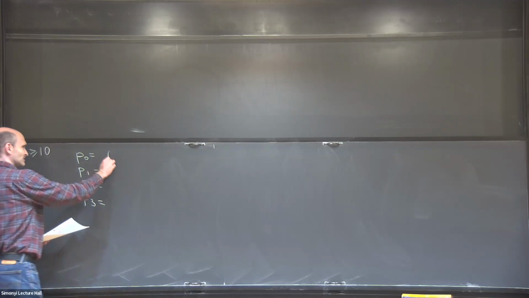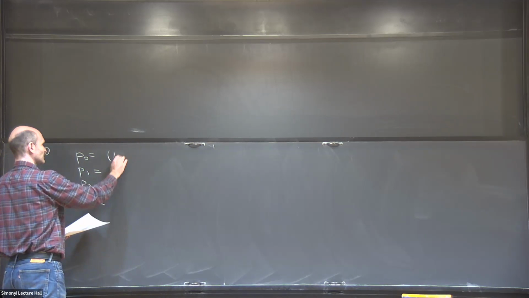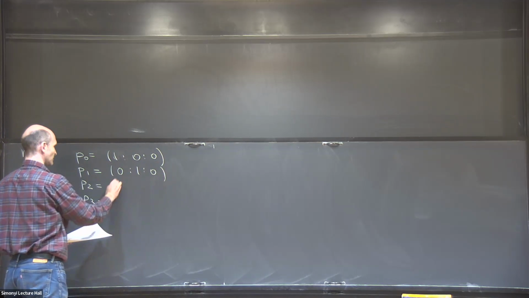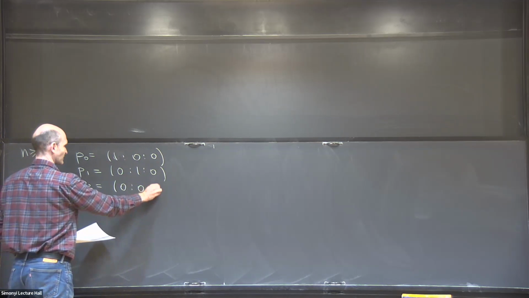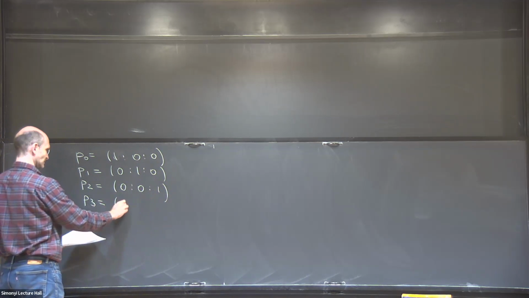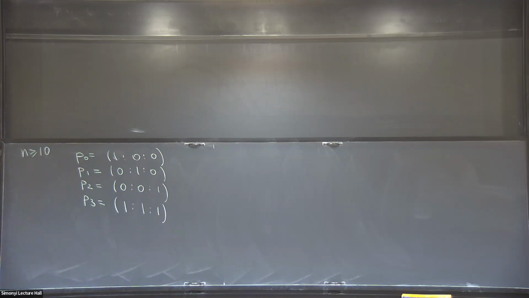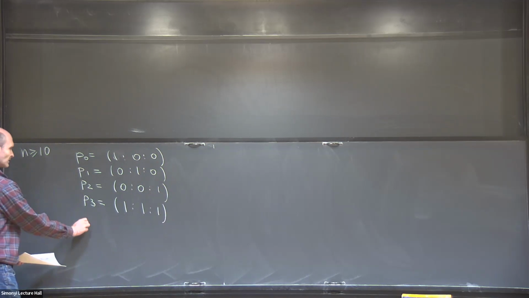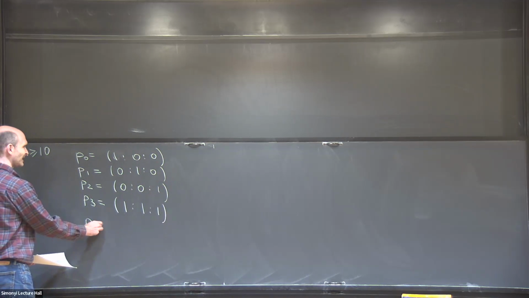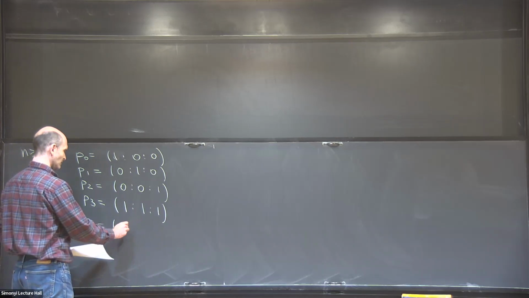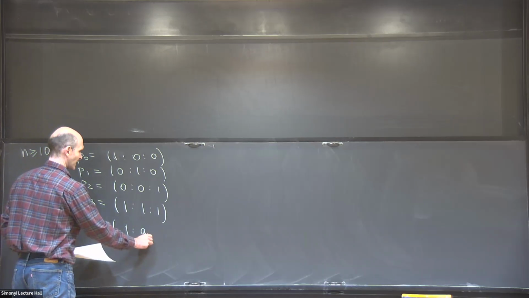In general position means you might as well assume that they are 1, 0, 0; 0, 1, 0; 0, 0, 1; and 1, 1, 1. And then Pk for other k, except for the case n minus 3, for an important reason, will be of the form 1, ak, bk.